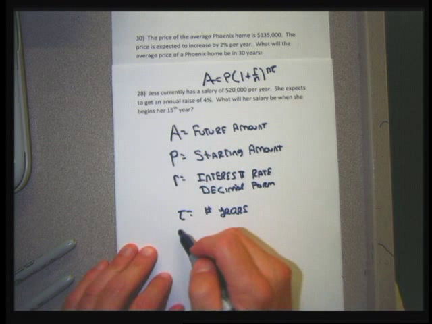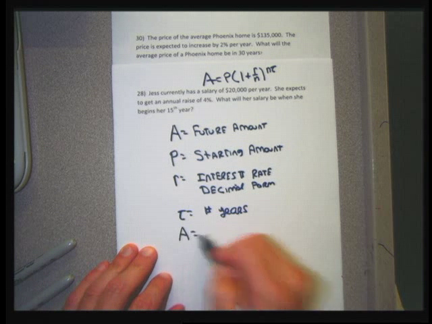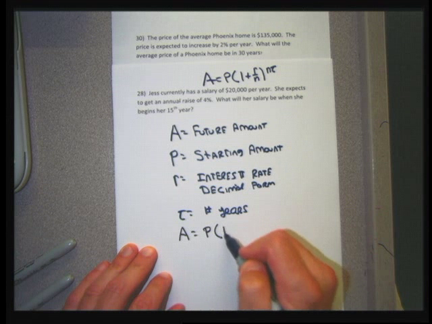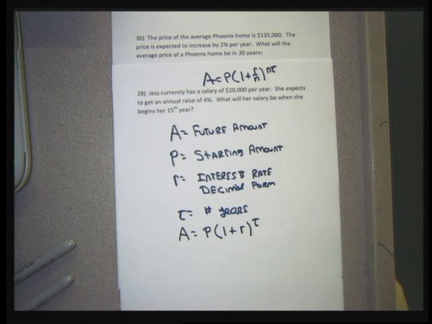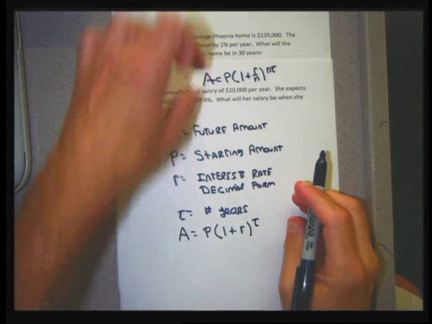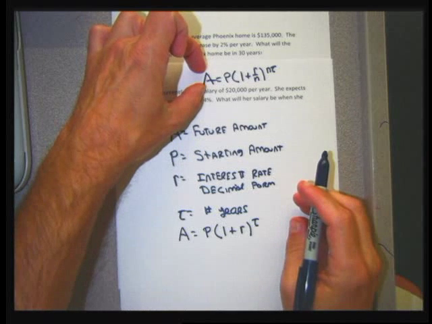So the formula I'm going to use to do both problems 28 and 30, bypassing the sequence style, is that formula. The amount I'm going to get in the future is equal to the starting amount times 1 plus the interest rate to the number of years power. And that will take me to the answer. I can definitely have done these problems forming a sequence, but it's considerably more complicated, and it doesn't tie into what we did earlier, whereas doing it this way ties perfectly into what we did when we did money.